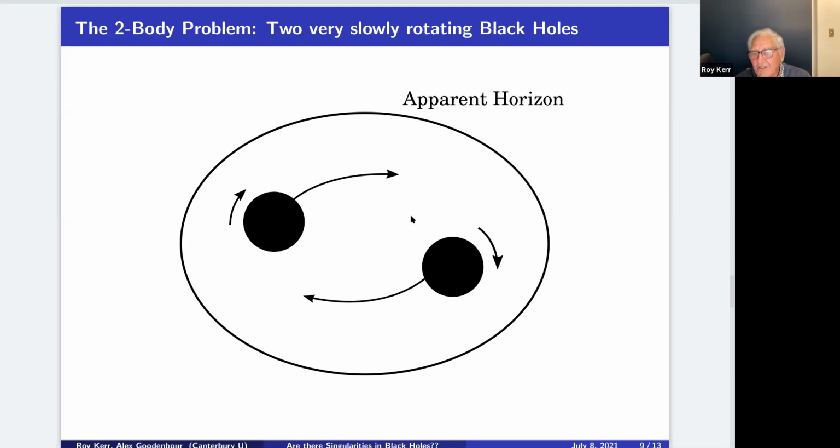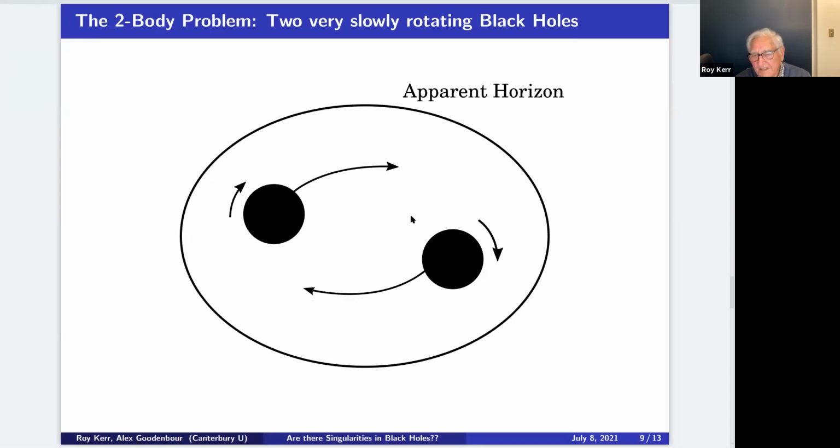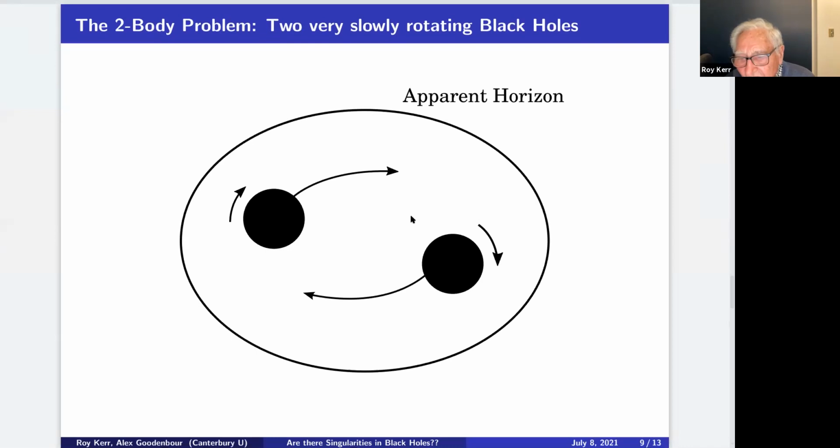Suppose we dribble neutrons or whatever onto this and gradually increase its mass while keeping it spinning fast. What's going to happen? It's eventually going to reach a stage where there is not enough angular momentum inside this body to counteract the attractive forces, the Newtonian type attractive forces.